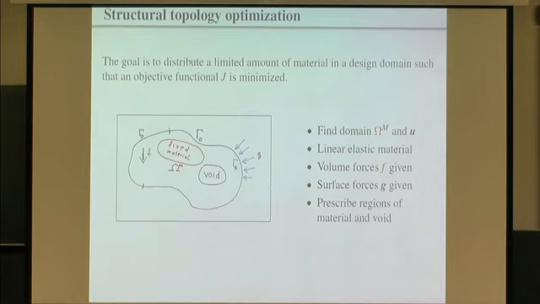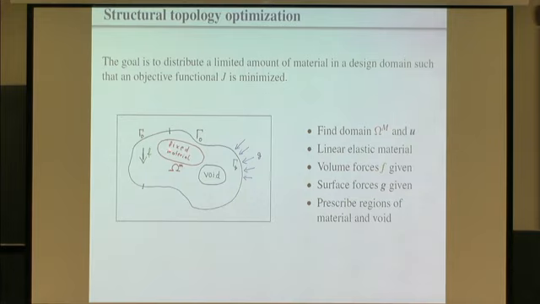We want to find this region of material and displacement u, such that we've got linear elastic material here, and we're going to have volume forces and surface forces acting on the boundary. It may be necessary, or we may wish, to prescribe a fixed region of material somewhere in the design domain, and also a fixed region of void. I'll mention we've got different boundary conditions.